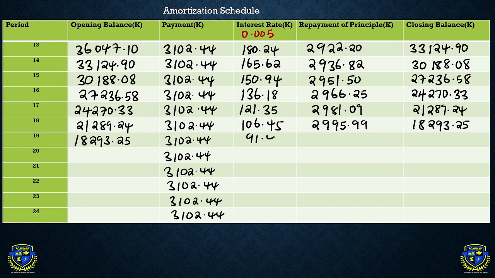Okay, point what? 0.47. So 91.47, subtracting the 91.47 from the 3,102.44, that is going to give us a 3,010.97.